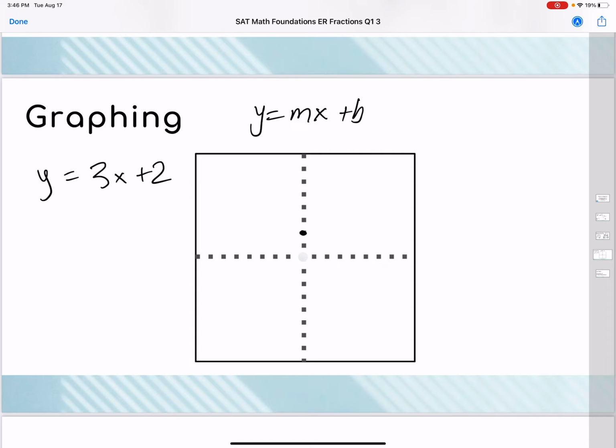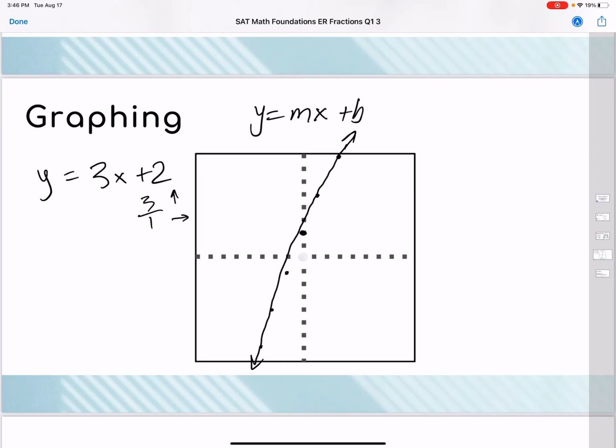And our slope of 3, or 3 over 1, means we'll be going up 3 and right 1 each movement of the graph. So 1, 2, 3 over 1. And then when we move in the opposite way, it will be down 3 and left 1. Something along those lines, and then we continue the line on like that.